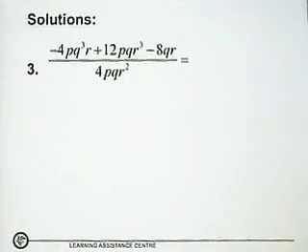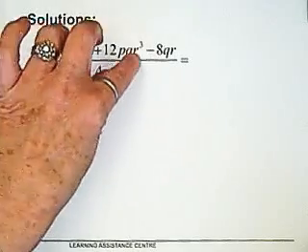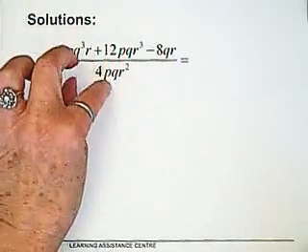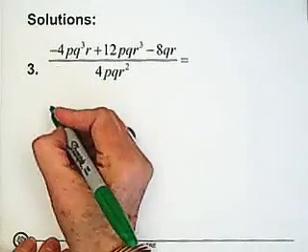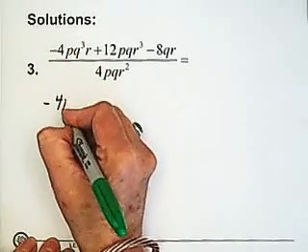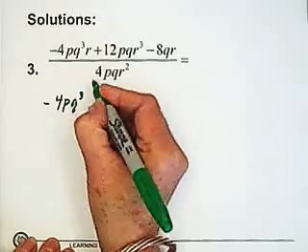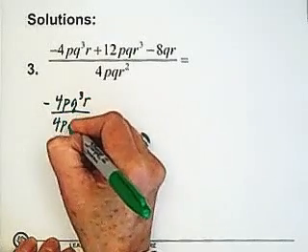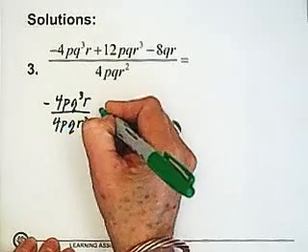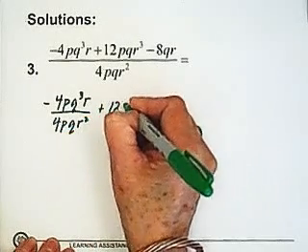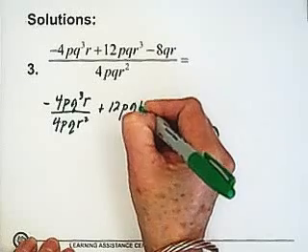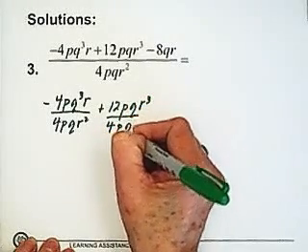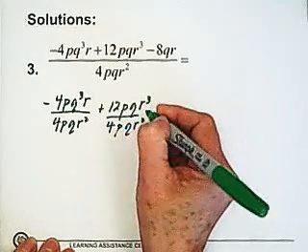Next question, and this is one of those questions where we have addition and subtraction over a denominator, so we're going to put each of these terms over the same denominator. So we have minus 4p q cubed r over 4p q r squared plus 12p q r cubed over 4p q r squared.